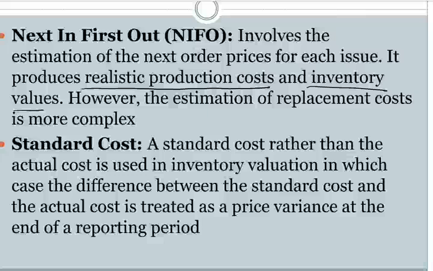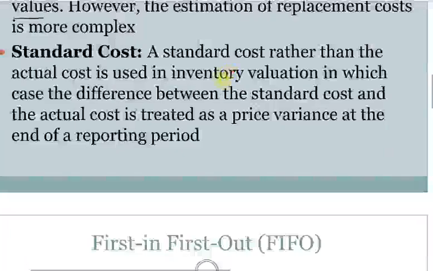So that's the advantage, that you produce realistic production cost and inventory valuation. While the disadvantage is that to come up with the estimate, it is a complex activity to do. It's not as easy as you think just to estimate the next order. So the advantage is that you're able to come up with realistic cost of sales and inventory valuation, while the disadvantage is that it is hard to come up with accurate estimates.